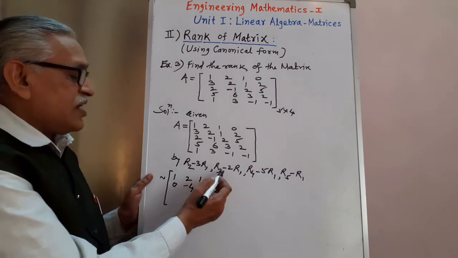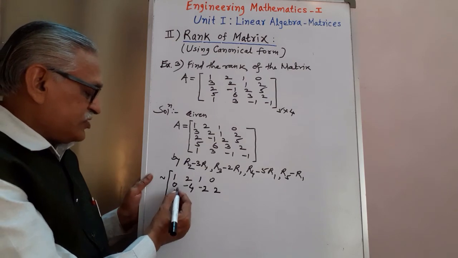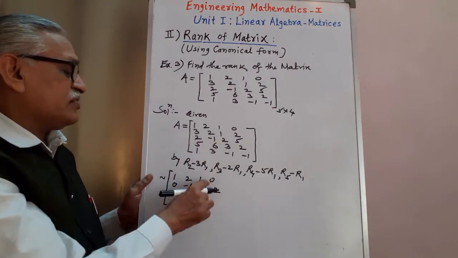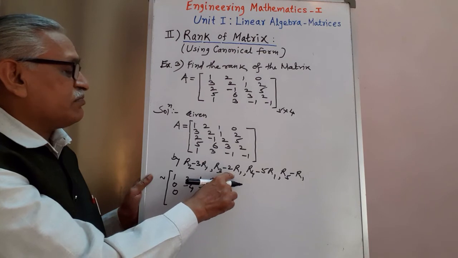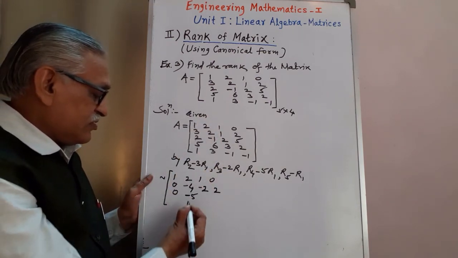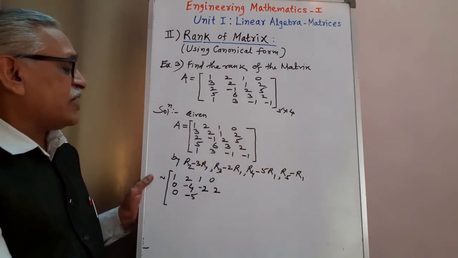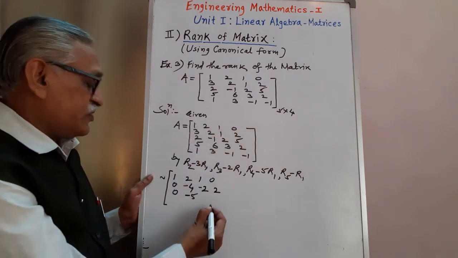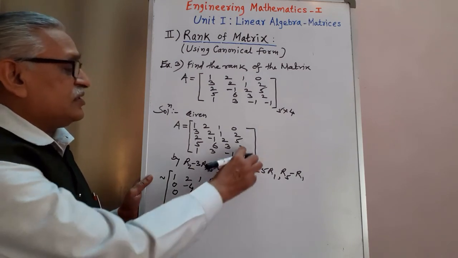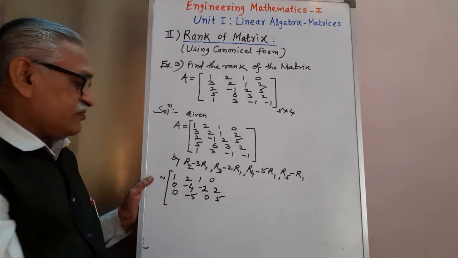Take care of R3 minus 2 R1. 2 minus 2 times 1, 2 minus 2 we get 0. Minus 1 minus 2 times 2, minus 1 minus 4 we get minus 5. Then 2 minus 2 times 1, 2 minus 2 we get 0. 5 minus 2 times 0, 5 minus 0 we get 5.